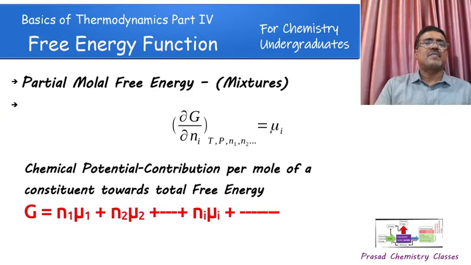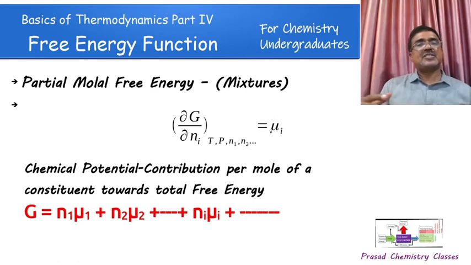Okay. Now we can consider a term called partial molal free energy. That is applicable in the case of mixtures. A chemical reaction involves different species, and in chemistry we deal with mixtures, and hence this term is important. Any partial molal property may be considered as the contribution per mole of the component towards the total free energy.